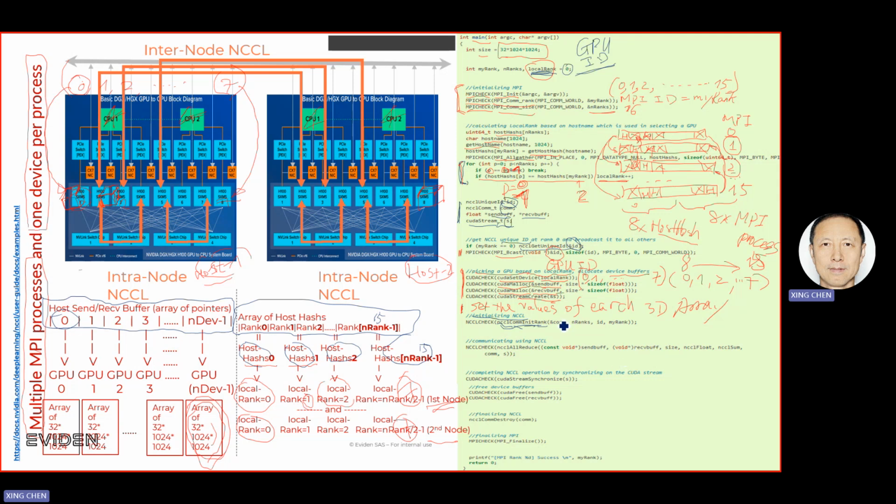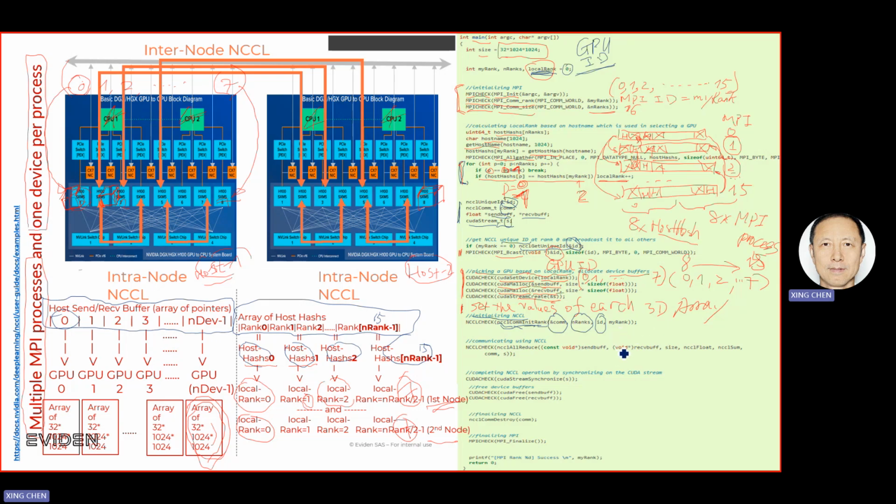So this is the function call to build up this NCCL communication structure. We need to pass the NCCL communicator, and we need to tell it how many MPI processes will be involved in this function call, and what the ID of the NCCL communicator is.